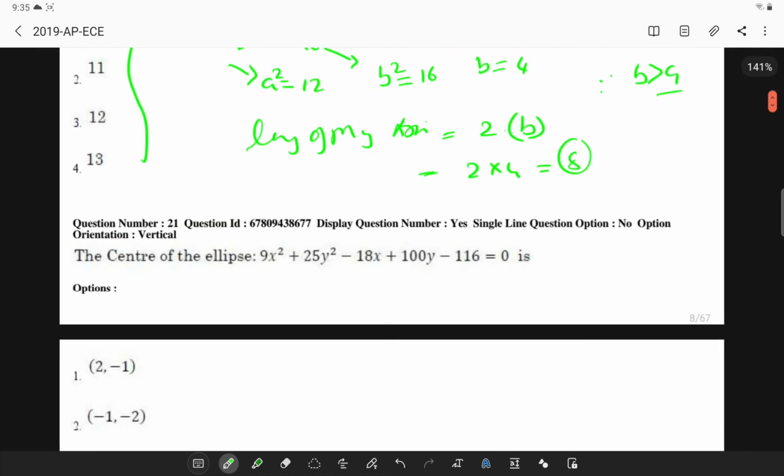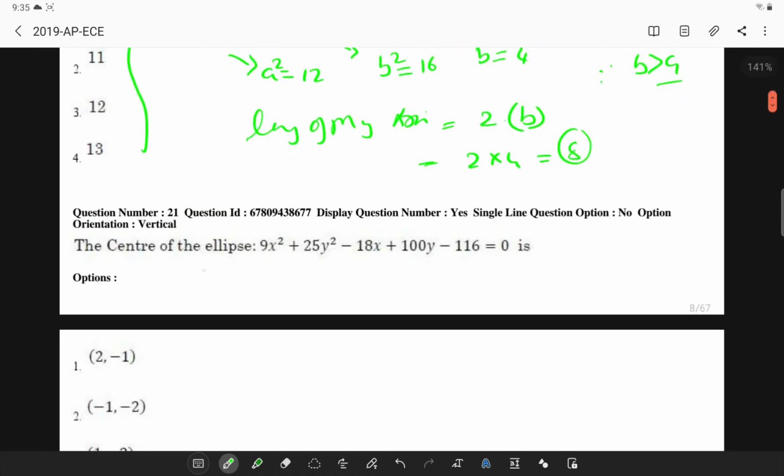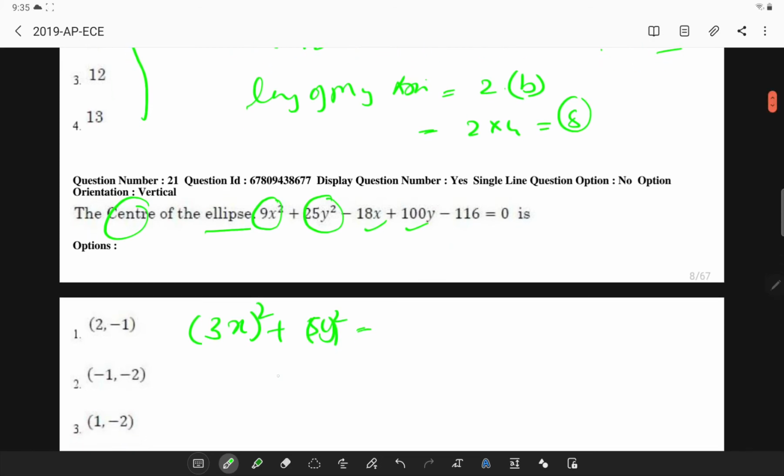So the next question is again related to conics. You are supposed to calculate the center of the ellipse. In this sort of questions, try to identify the coefficient of x and y so that you can rearrange the terms as 3x whole square and 5y whole square. Now readjust other values in such a way that you will be having squares.